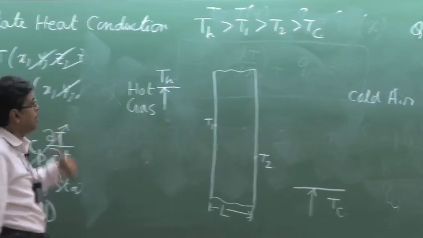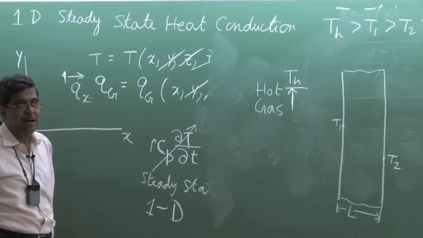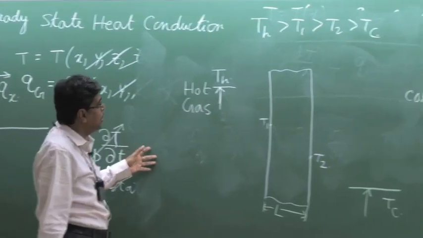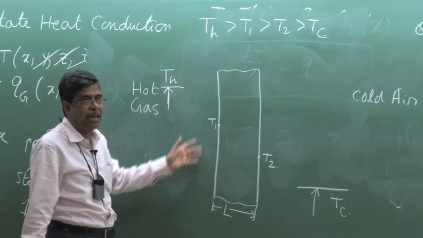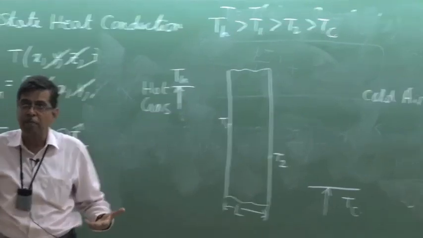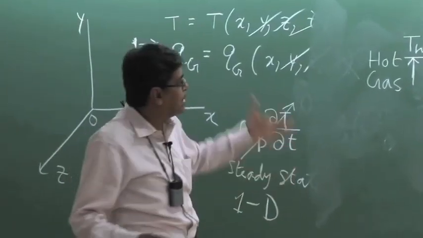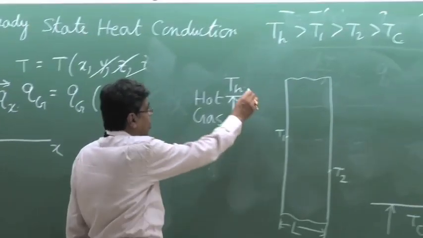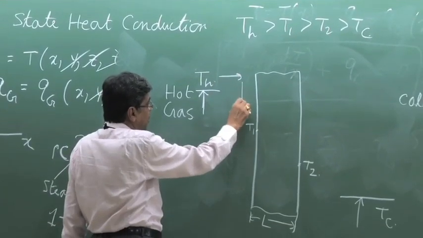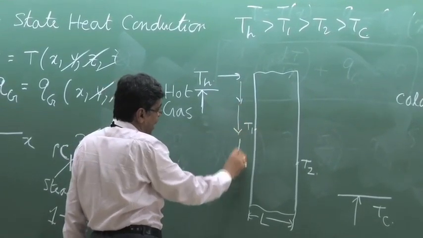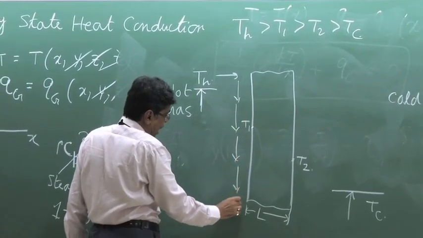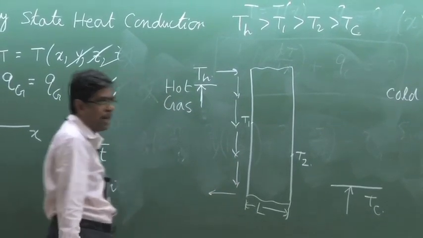Now what are the circumstances? If the hot gas is there, the hot gas may be flowing or may not be flowing. In case of a stagnant hot gas, there will be a natural circulation flow like this, which I discussed in one of the earlier classes.